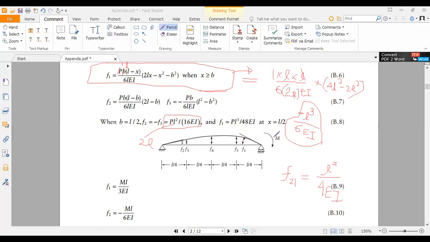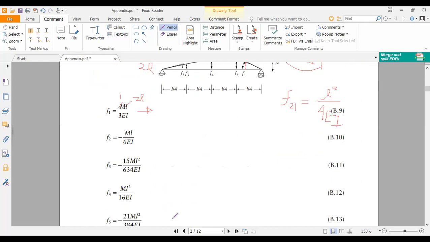So let me get back to the appendix. If you apply a moment like this, you should consider F1 and F4, right? So F1 is at the corner and F4 is at the middle. So F1 is, now your moment is 1 unit moment, L is 2L, so it is straightforward 2L over 3EI.